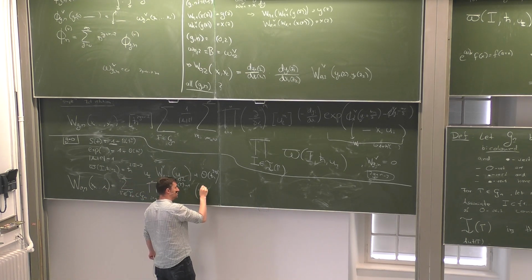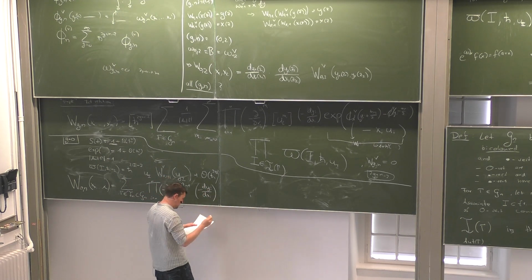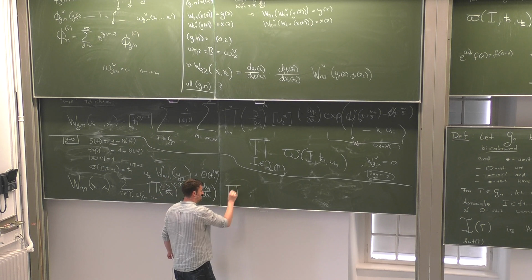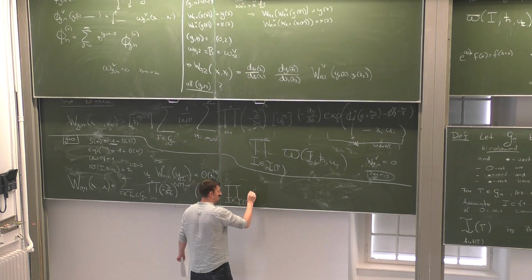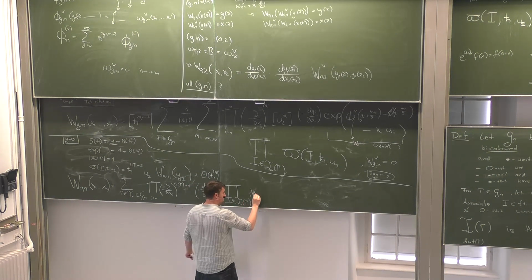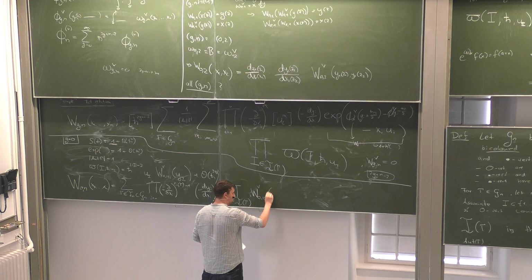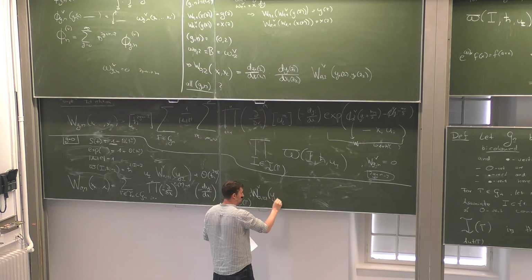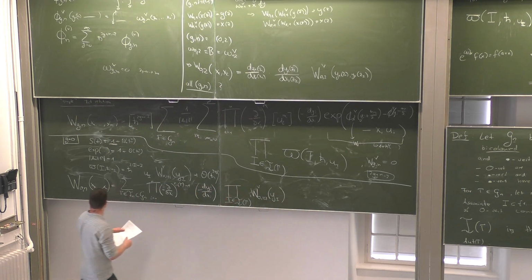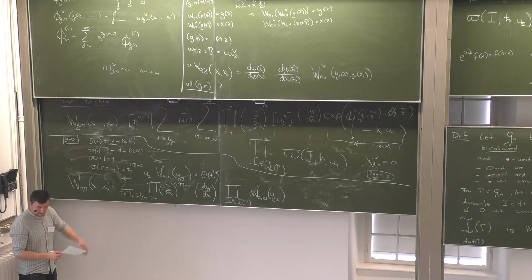Then we have all these products, dy I over dxi. And here, a product of the set I over of check 0 I y I. So this is the genus 0 example.